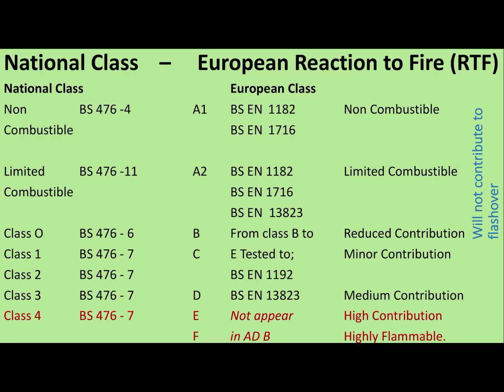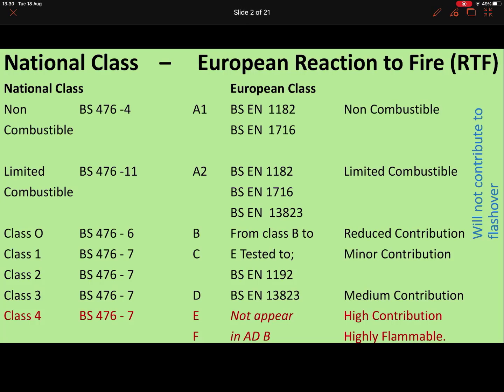Anyway, there is a national class on the left-hand side, and there is the European reaction to fire test on the right-hand side, and those are their rough equivalents. The tests are insanely different, apart from that test there, the BS 476 Part 4 test.